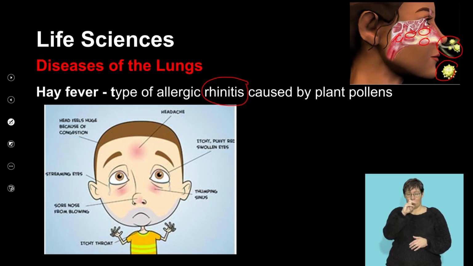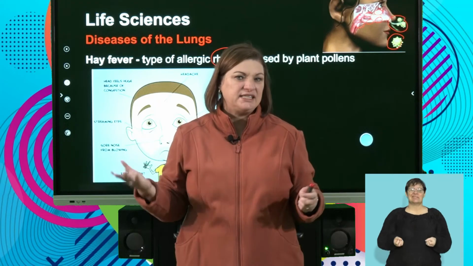So what happens is we have a blocked nose, but also that mucus is going to cause a bit of an irritation. So we're going to have a snotty nose, but we also start to sneeze, and we have all this itchiness, and it's just terrible. So what we usually have for it, from the chemist or wherever, is an antihistamine.